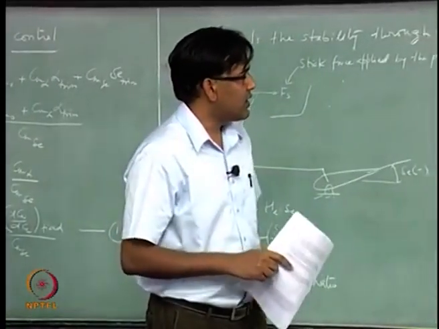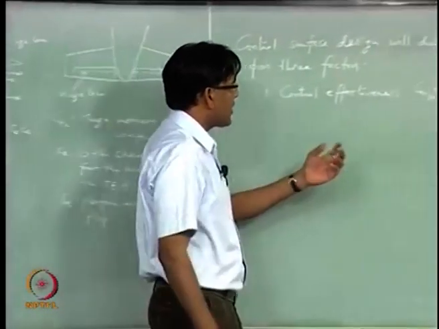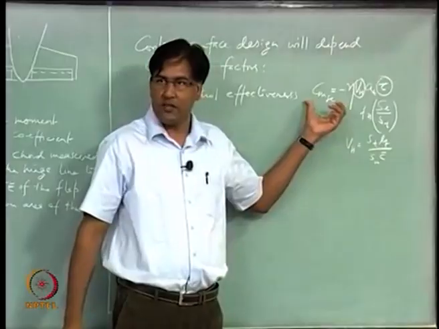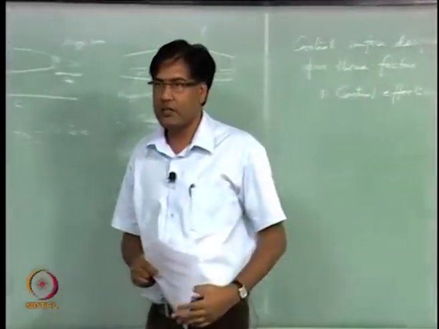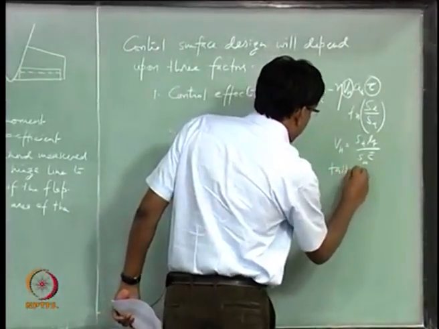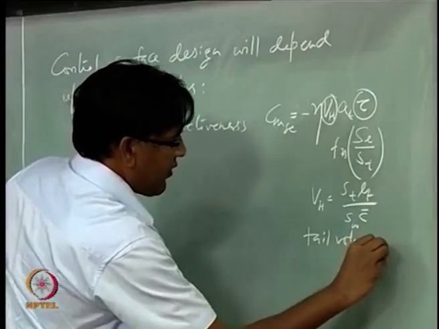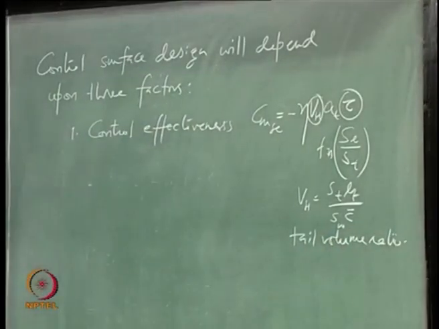So, now while changing the stability characteristic, you are also actually changing this control power, right, if you are doing it through this quantity, the tail volume ratio.